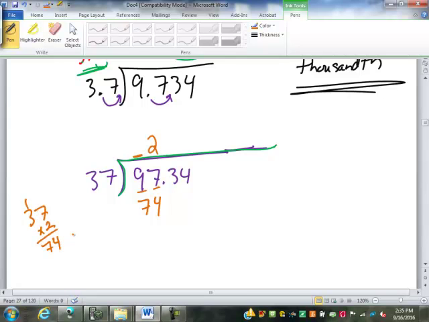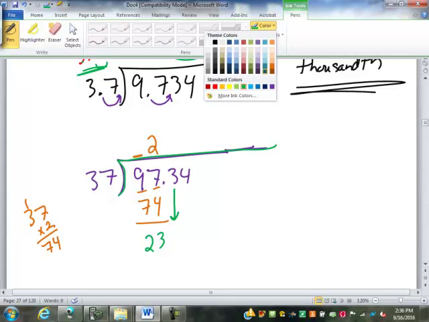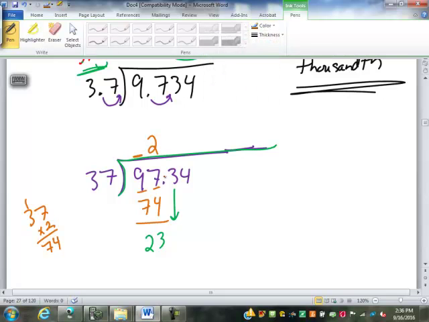Get 74. Subtract. You get 23. The next thing we do is bring down the 3. But before we bring down that 3, what do I have to do? Move the decimal point up. So again, we cannot cross that decimal point without doing something with it. Now we bring that 3 down.